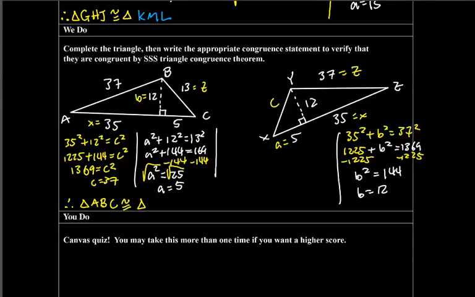Okay, A squared plus B squared equals C squared. So 5 squared plus 12 squared equals C squared. 25 plus 144 equals C squared. 169 equals C squared. Square root that. C equals 13.